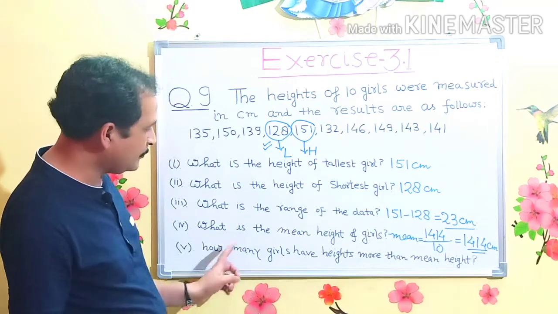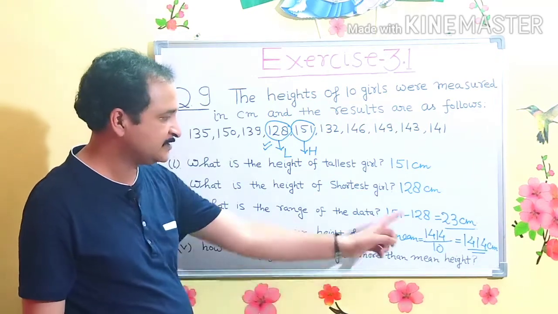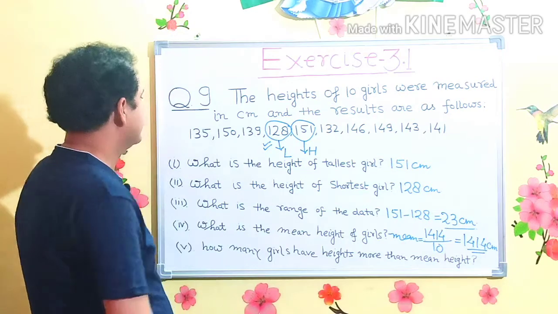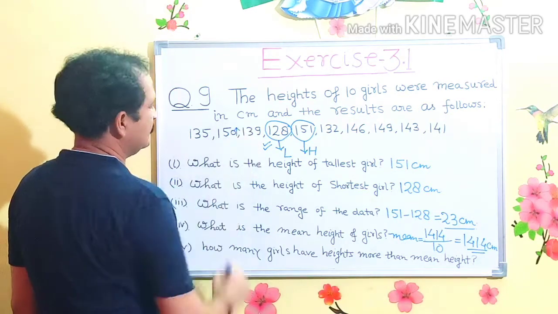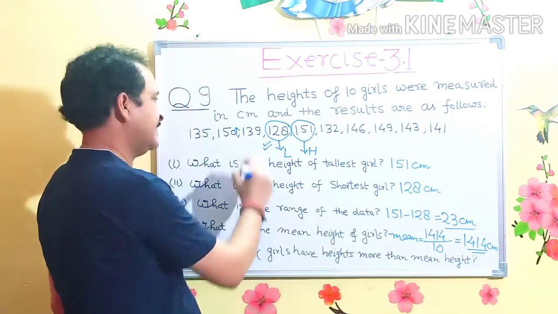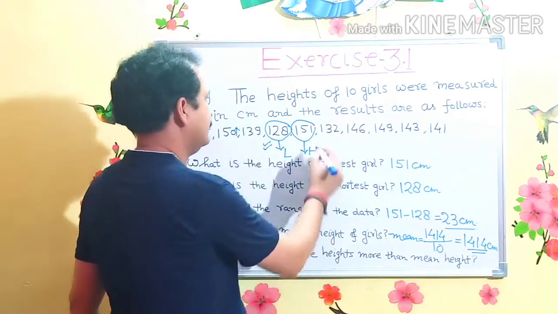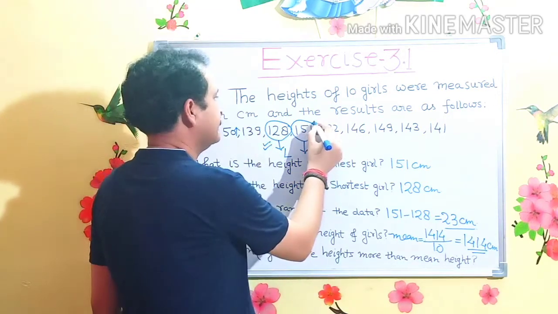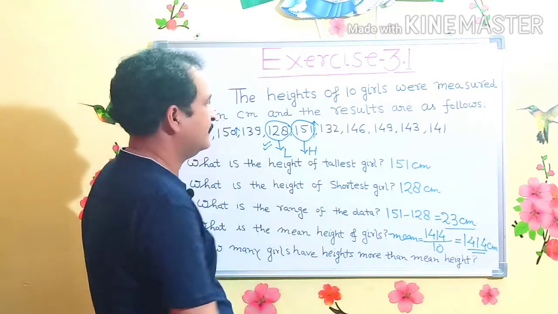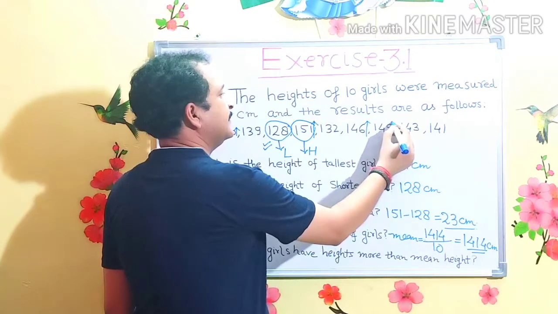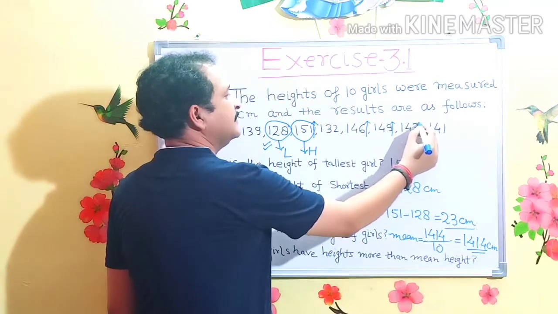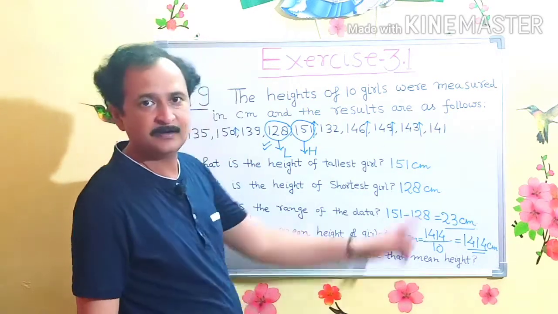Now how many girls have heights more than this value? So देखिए 135 less, 150 yes, greater than mean. 139 less, 128 less, 151 greater, 132 less, 146 greater, 149 greater, 143 greater, 141 less.